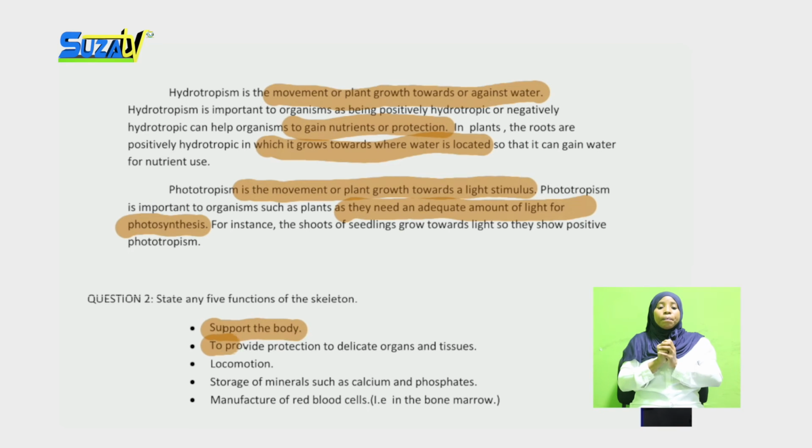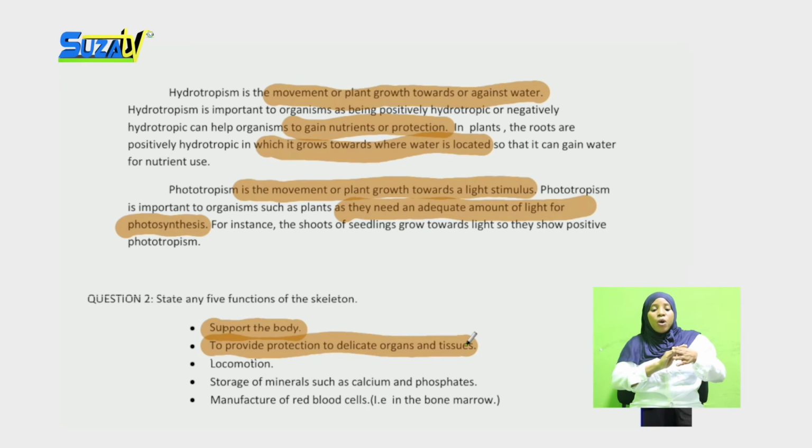Also, to provide protection to delicate organs and tissues. Due to the fact that the skeleton is made up of hard bones, it also has the job of protecting delicate organs from injury or shock.